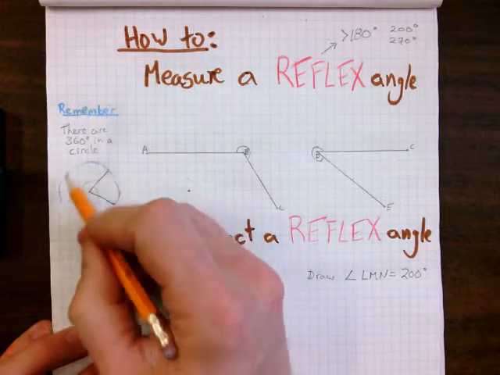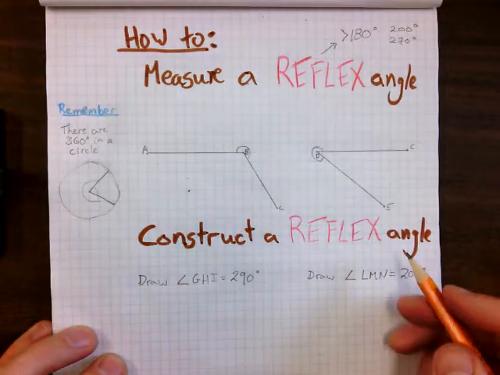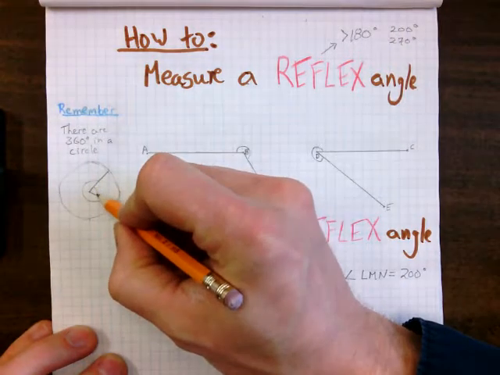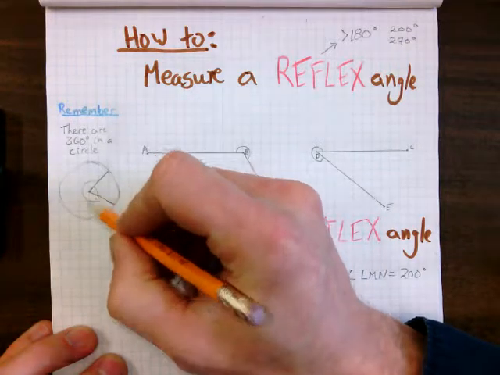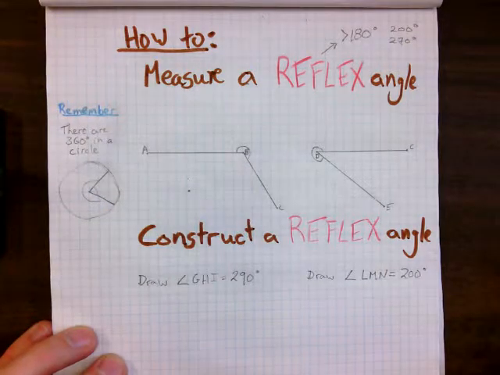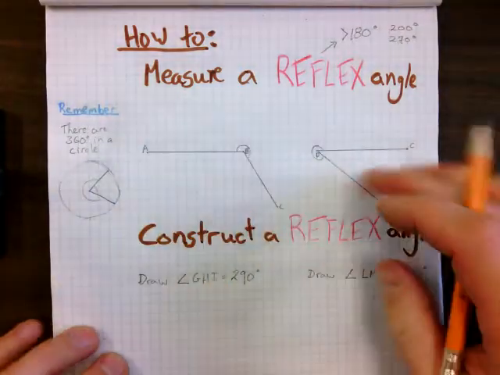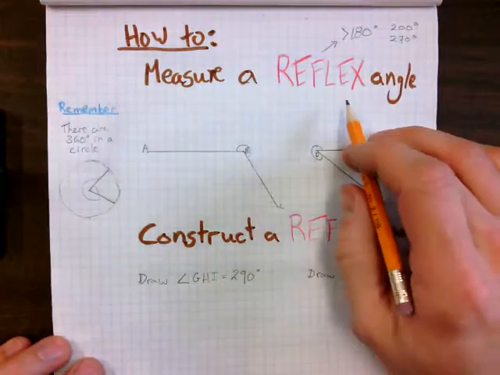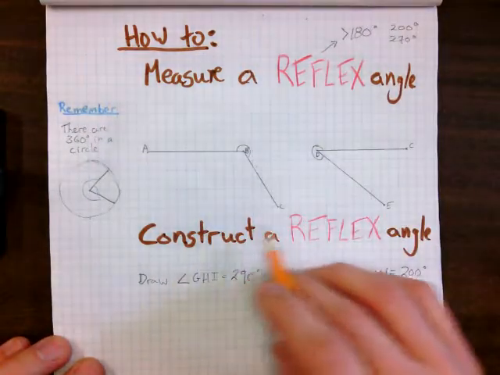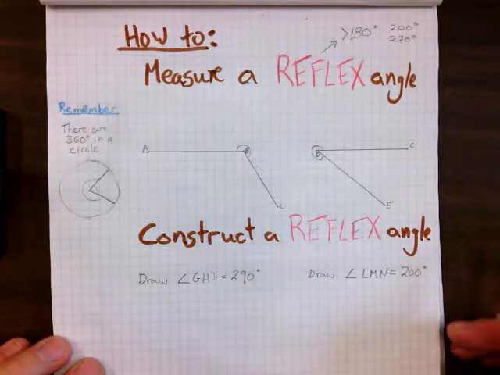All the way around this circle is 360 degrees. So whatever this angle is here and this outer angle is, have to add up to 360. And that is the concept that we use when we're figuring out how to measure or construct reflex angles.